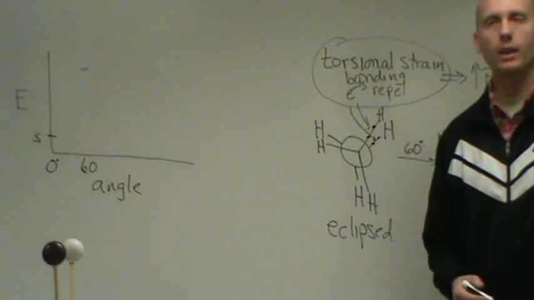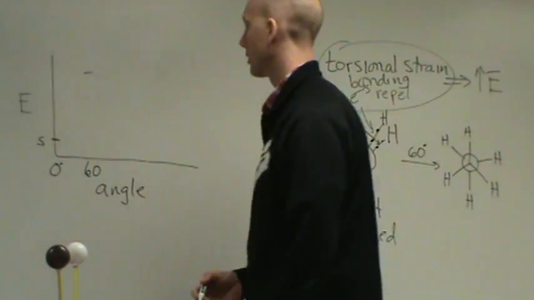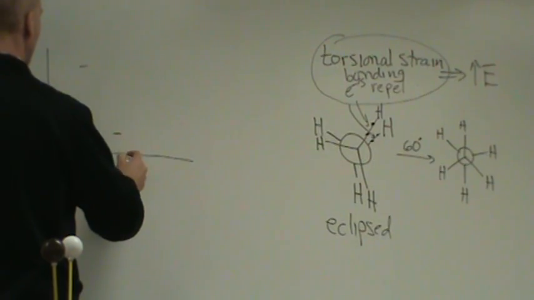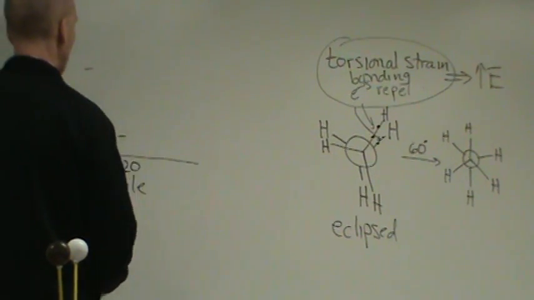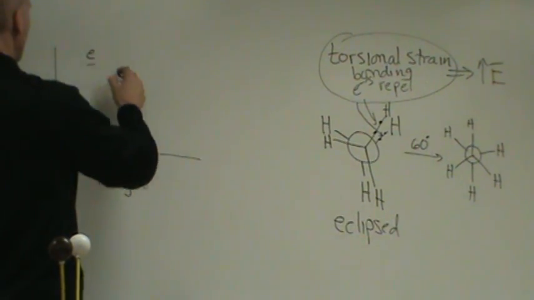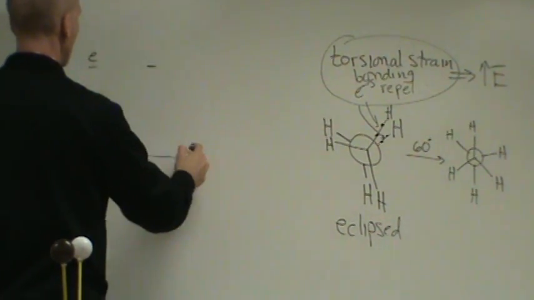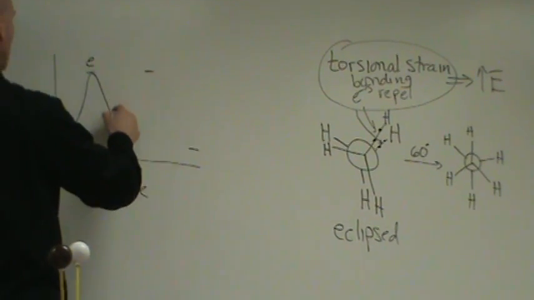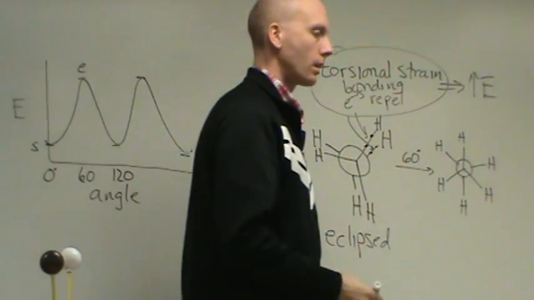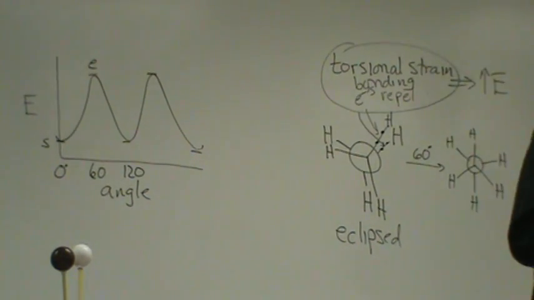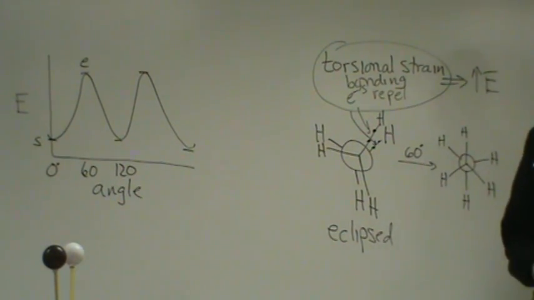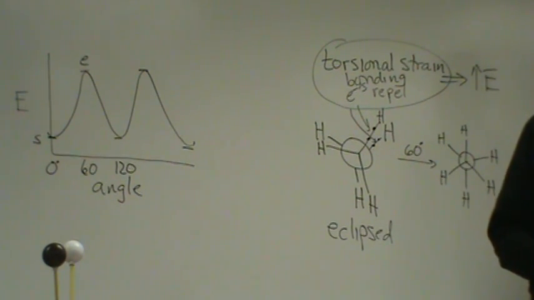What happens when we go another 60 degrees? It goes back to 0. Comes back down here to a stagger. Okay, so that'd be 120, and so on. So we get this kind of plot when we do the bond rotations using the Newman projections.